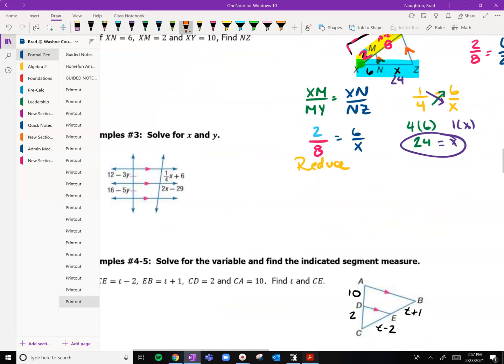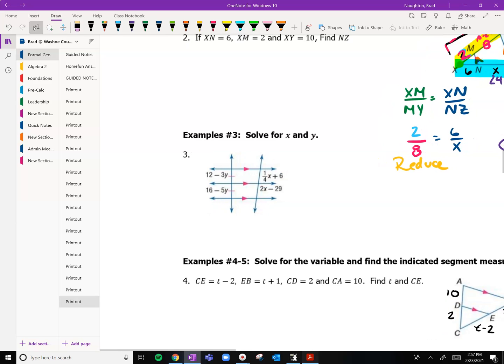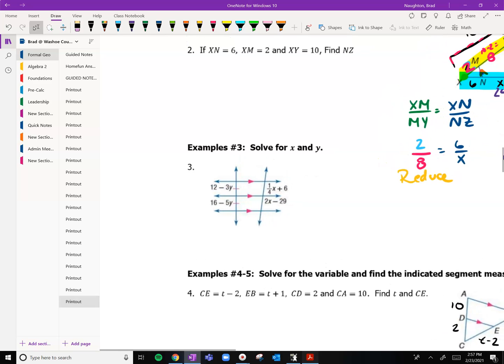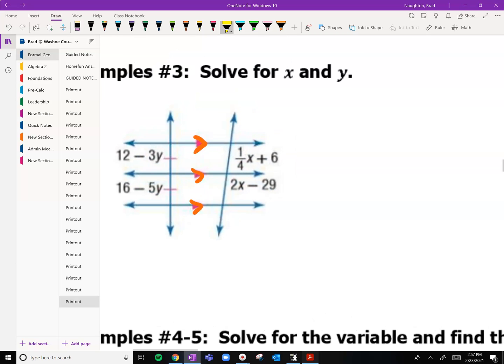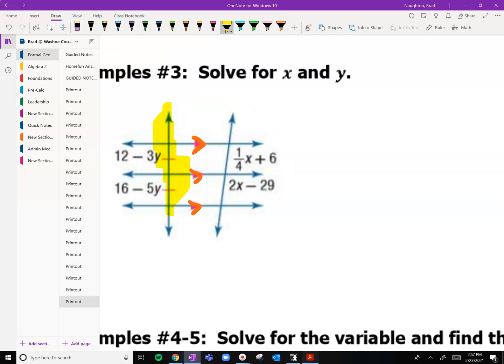All righty. So on this next one here, number 3, notice it doesn't complete. Eventually, these will make a triangle, but that's not the point. The point is that we can still look at this relationship even though we're not at the triangle yet. So notice that we have our parallel, so we could do side to side.